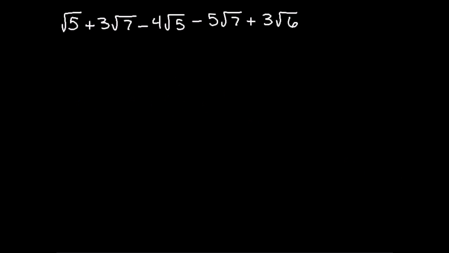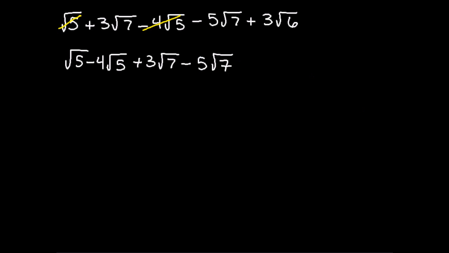First, I want to rearrange these so my like terms are together. So here I have a square root of 5 and then minus 4 times the square root of 5. And then I have 3 times the square root of 7 minus 5 times the square root of 7. And then finally I have a 3 times the square root of 6.